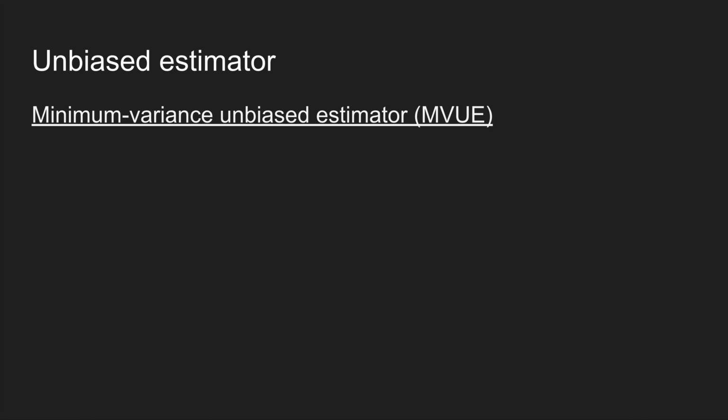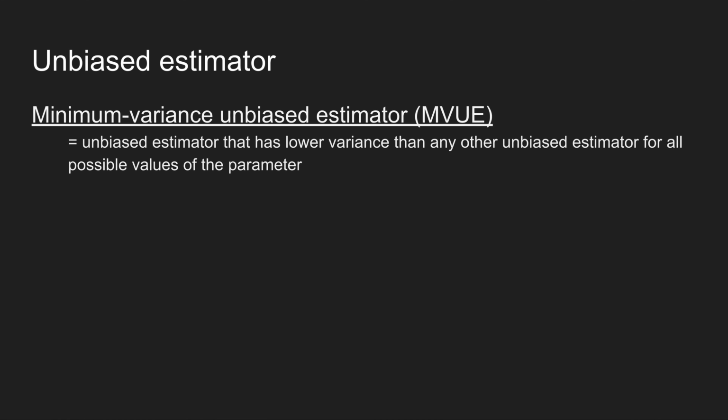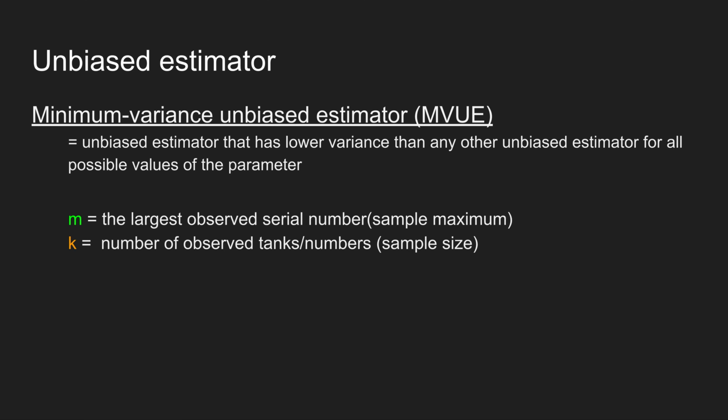For an unbiased estimator, let's look at the minimum variance unbiased estimator. This estimator has lower variance than any other unbiased estimator for all possible values of the parameter. We have m, which is the largest observed serial number, a sample maximum, and k, which is the number of observed serial numbers of the tanks, the sample size.